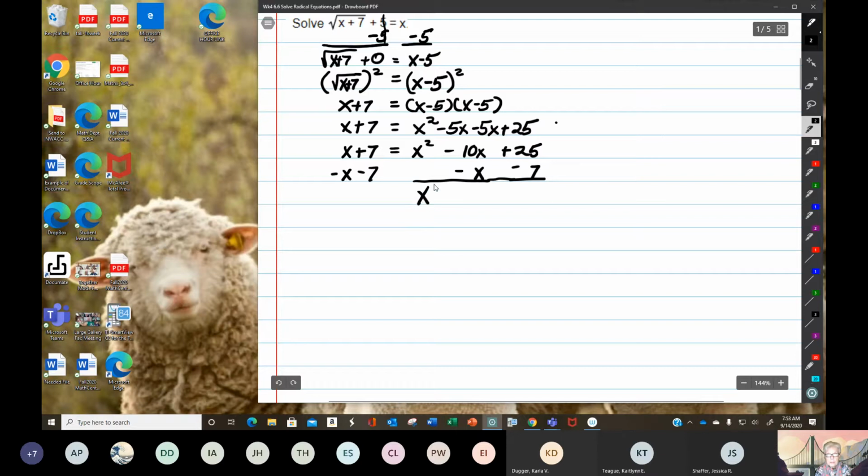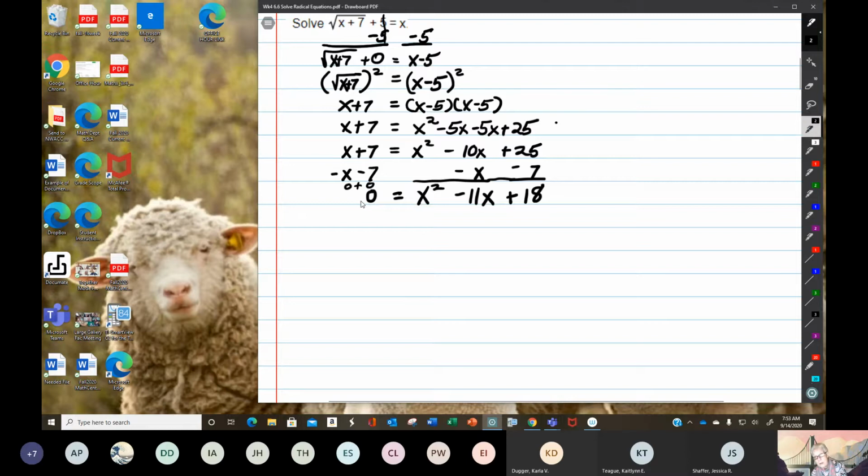Okay, x squared minus 11x. I take away 10, I take away one more. Plus 25 minus 7 is plus 18. Yes, equals 0. Or you could do the 0 plus 0 thing, and we know that 0 plus 0 is 0.